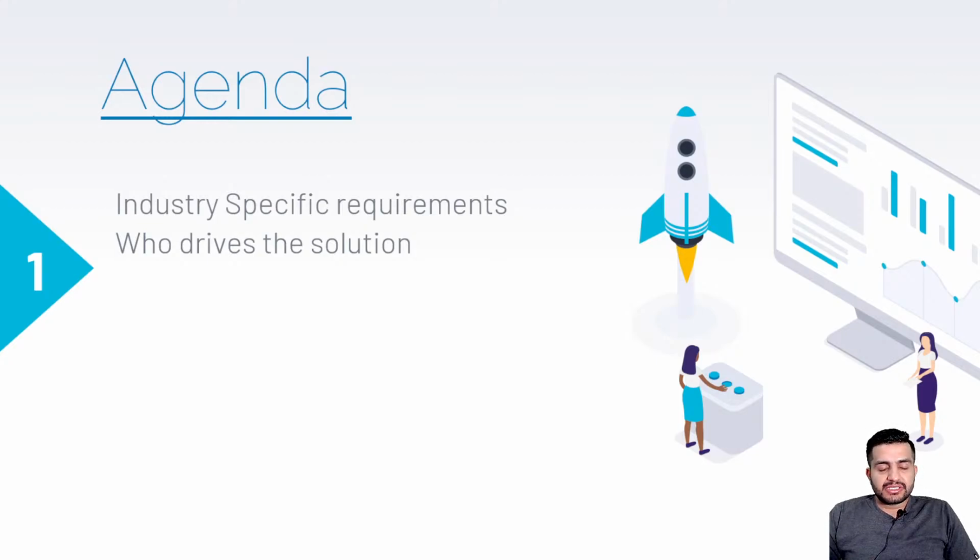So industry specific requirements from a finance point of view would be more towards transaction frauds or risk assessments. Or if I'm from a healthcare industry, my problem statement would be whether I'm able to diagnose the disease at the right time or not, and how good I am with those diagnoses.